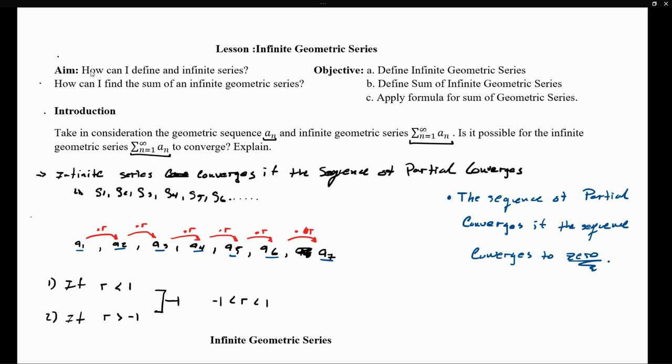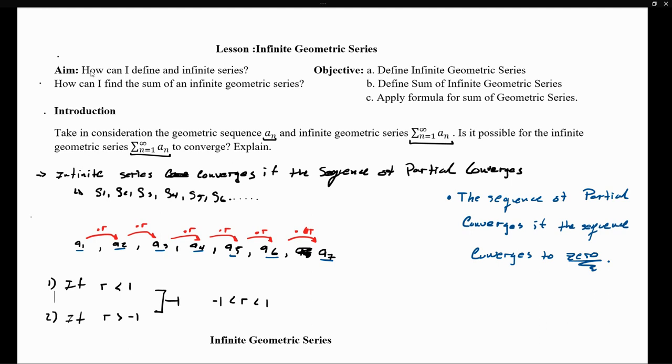If we take a look at the geometric sequence, and we look at the common ratio, if that common ratio is bounded between -1 and 1, and notice that I'm not including 1 and -1, then we can assume that the infinite series of that sequence is going to converge.